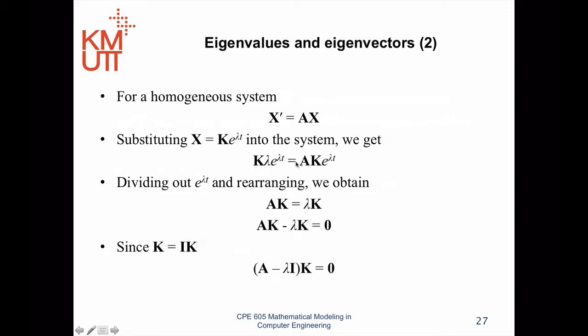Dividing e to the lambda t out, we will have Ak equals lambda k. Moving this part to the left hand side and pulling out k, we get (A minus lambda I) k equals 0. For this equation to hold, there are two possibilities. First, this part must be 0, or k must be 0.